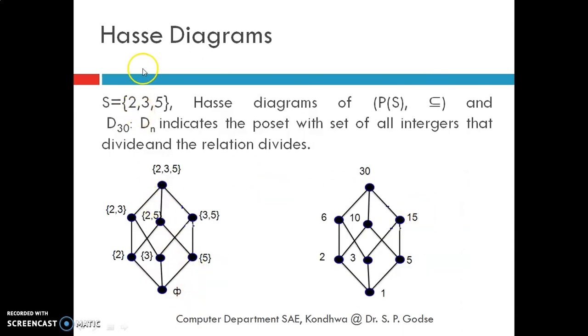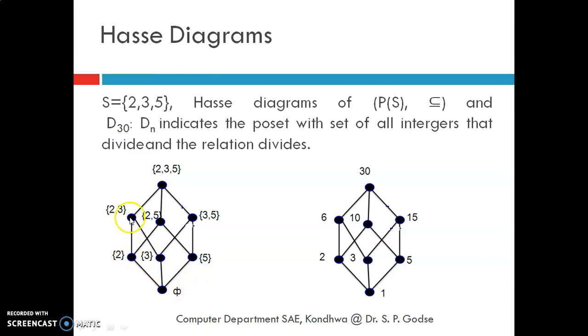In the same way, consider the Hasse diagram for S equals {2, 3, 5}, the poset P(S) with respect to subset. The relation between the elements is subset, and so you will get this partial order relation with respect to this property, that is, subset. Initially, phi is a subset of every set. Here you can see that phi is a subset of {2}, phi is a subset of {3}, phi is a subset of {5}.